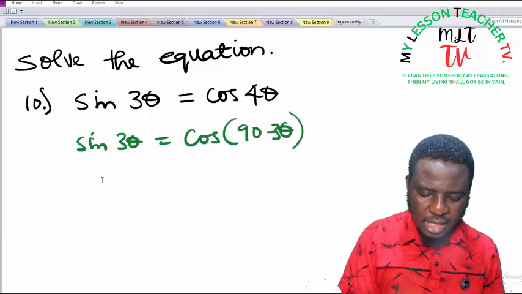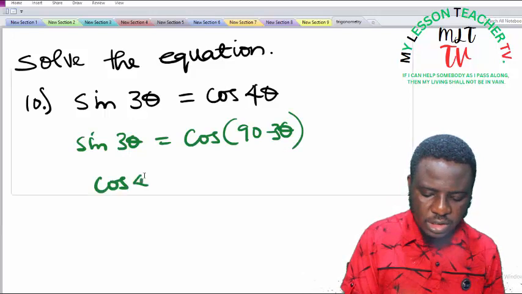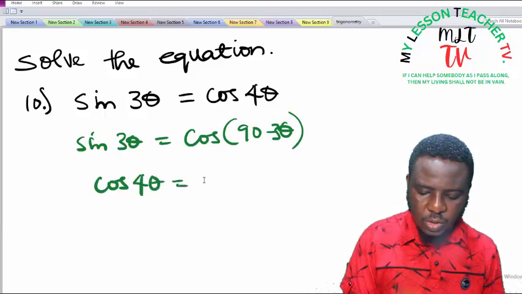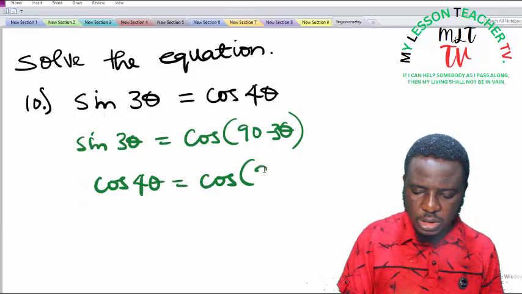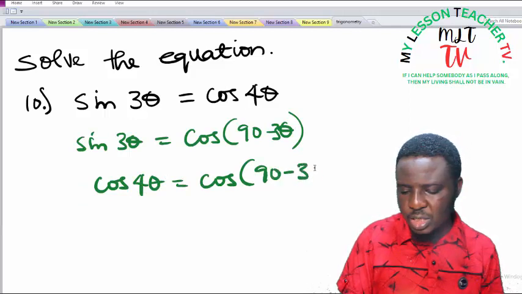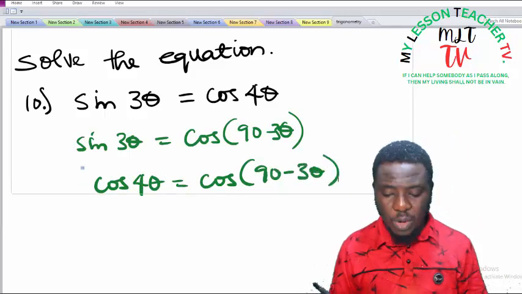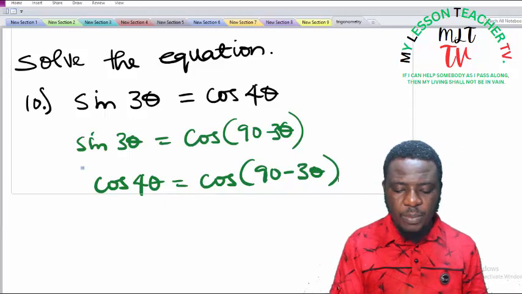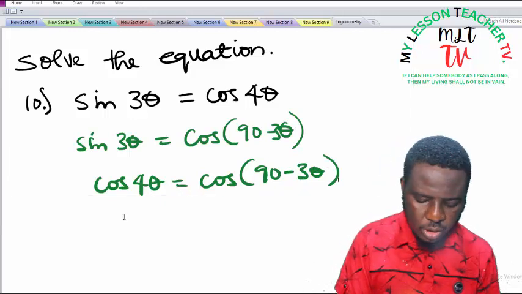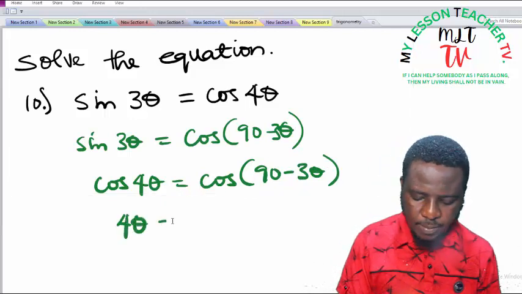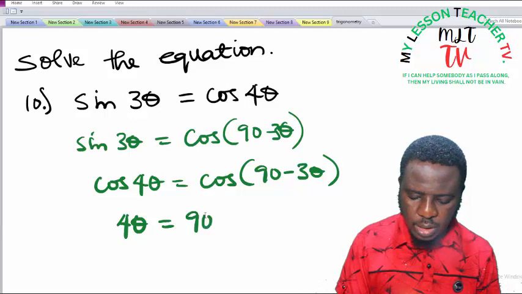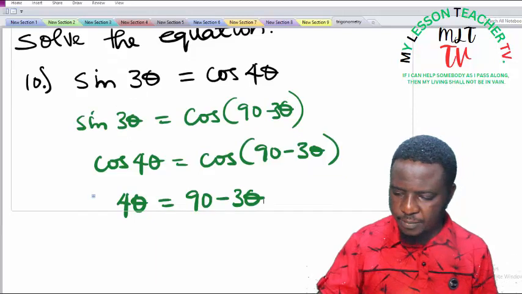You then have it that cos 4 theta is equal to cos 90 minus 3 theta. When you equate equation 1 and 2, by comparing the angles, you then have it that 4 theta will be equal to 90 minus 3 theta.